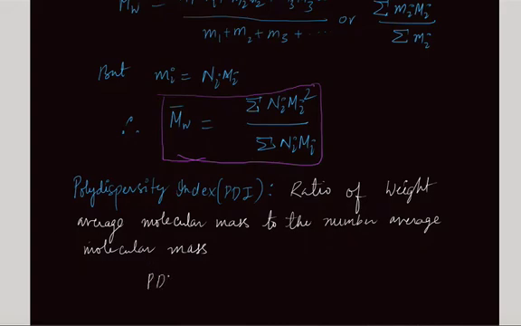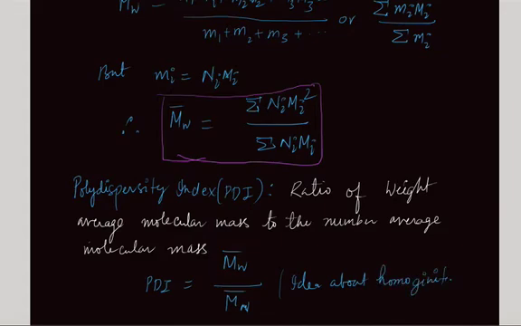So PDI will be equal to Mw, which is the weight average molecular mass, divided by Mn, which is the number average molecular mass. Basically it gives the idea about the homogeneity of the polymer.